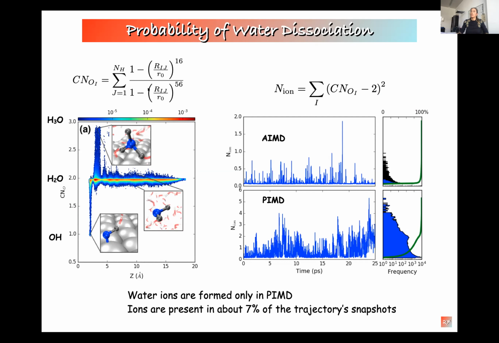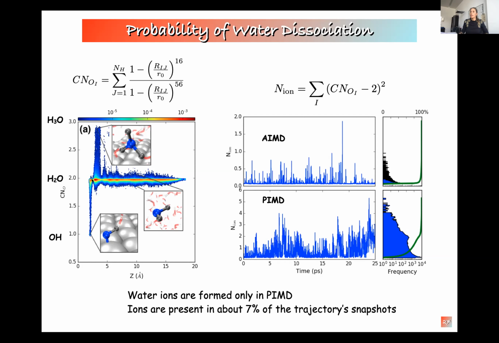Here is the definition of a collective variable based on the coordination number of each oxygen. When this coordination number of oxygen with hydrogen changes from the standard bulk value of 2 and goes either to 1 or to 3, this means that there is a formation either of an OH or of an H3O.